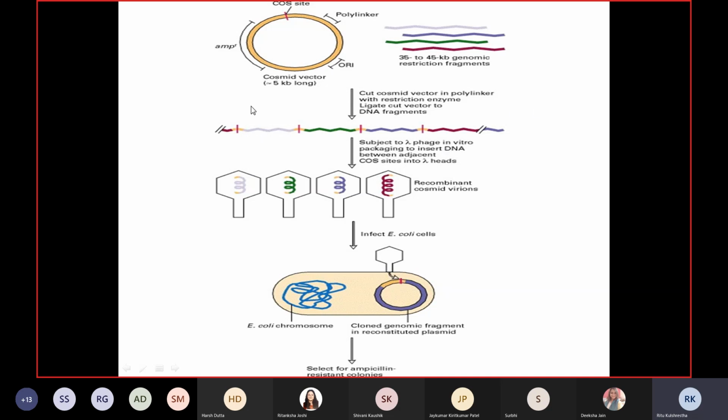Now I want to get these into the phage head. So I incubate it with the lysate, or a protein mix, which has everything for generation of the phage head and the tail. This process is called in vitro packaging.